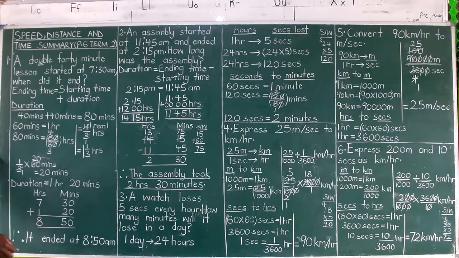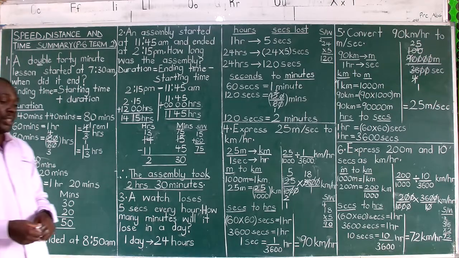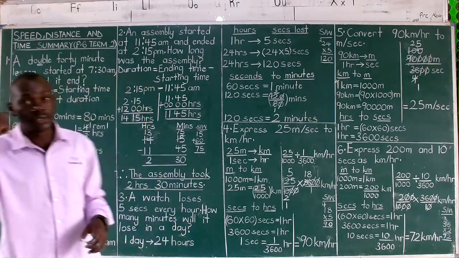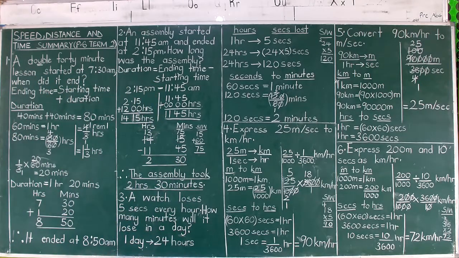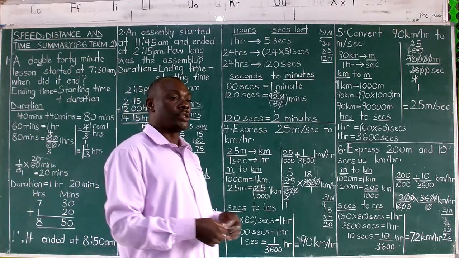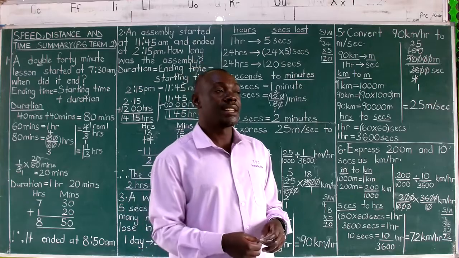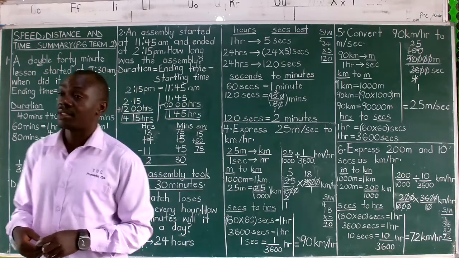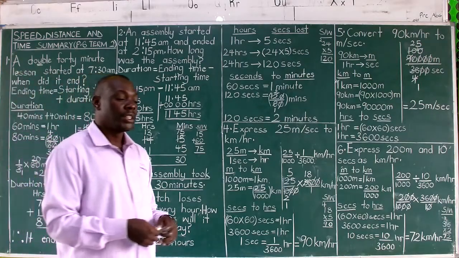The word double. To double is to add a number to itself, or something to itself. We can as well double through multiplication by 2. For example, when I say double 6, you can say 2 times 6. That's doubling 6, you get 12.